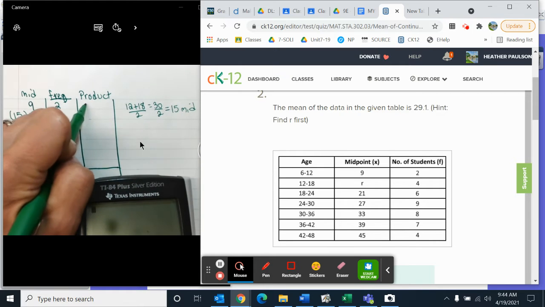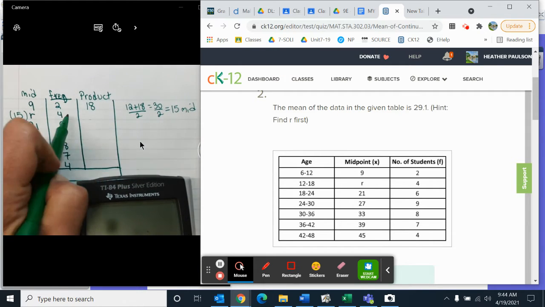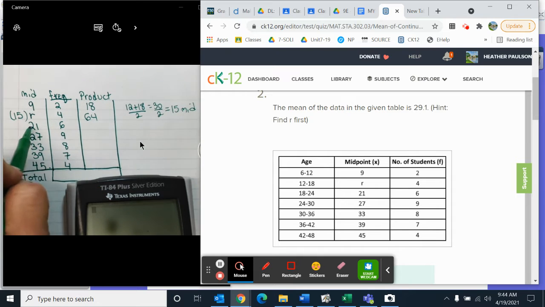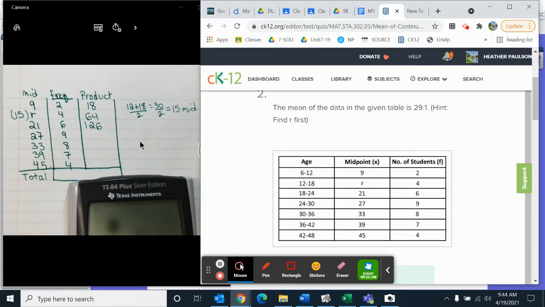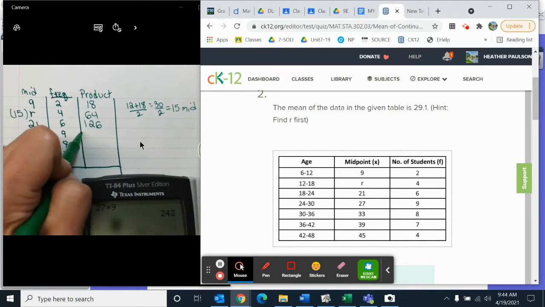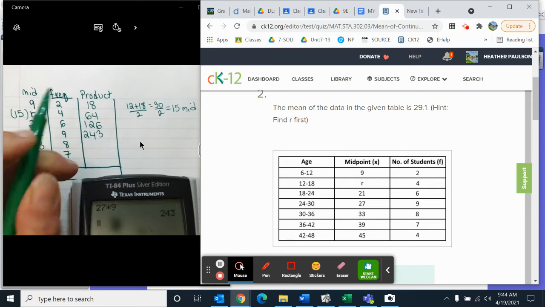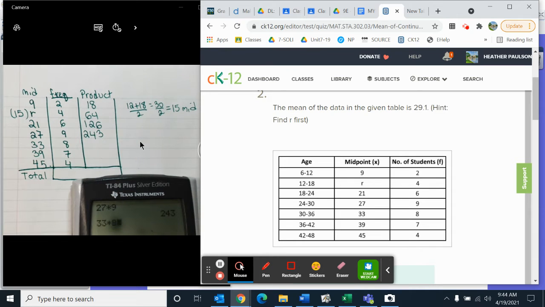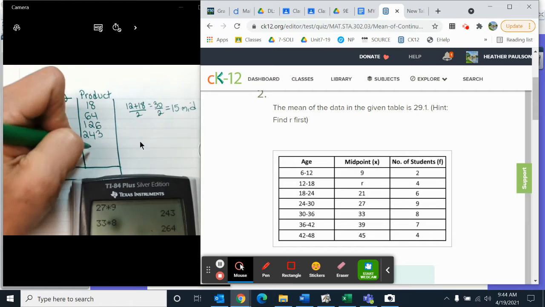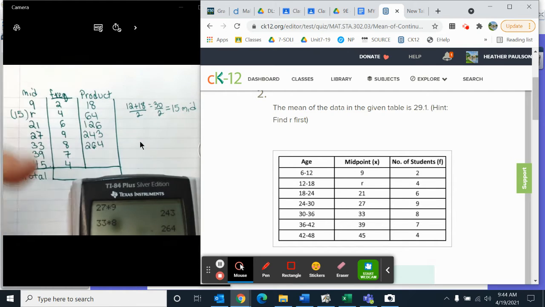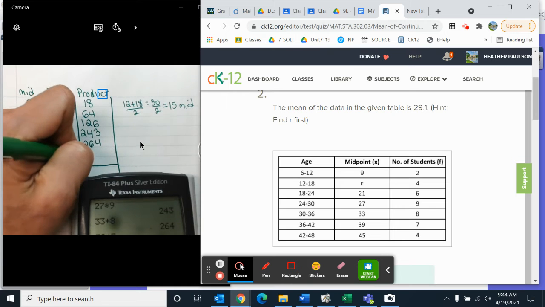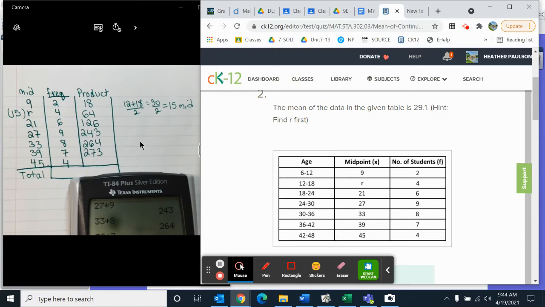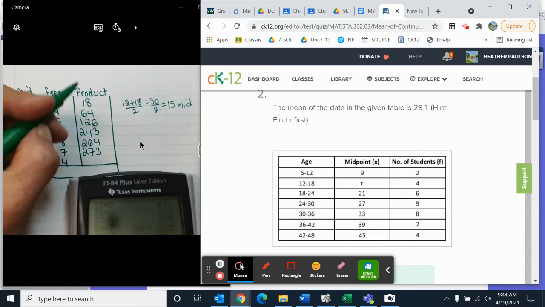So the first one we have is 18, 15 times 4, 21 times 6, 27 times 9, 33 times 8, 39 times 7, 45 times 4.